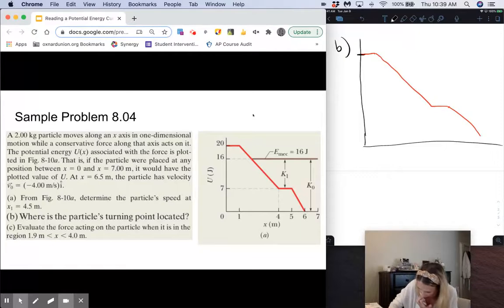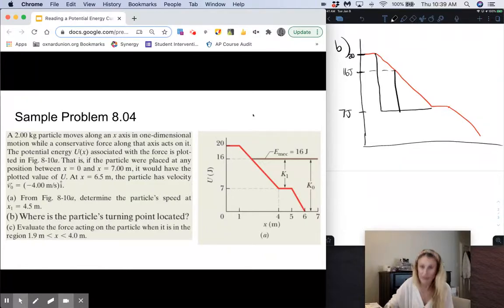So right here is my 20, and this triangle matches up with the 16 joules. I had 7 joules here, and my 20 lines up with 1 meter here. So that's 1 meter there.